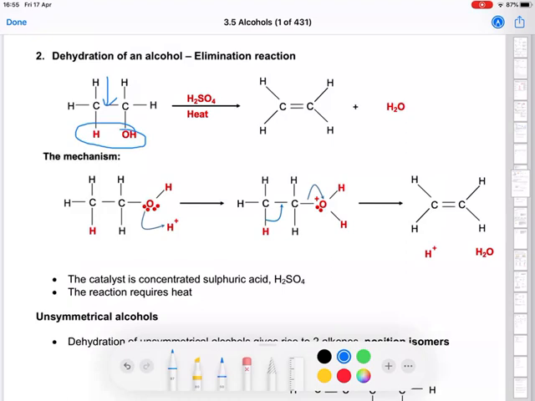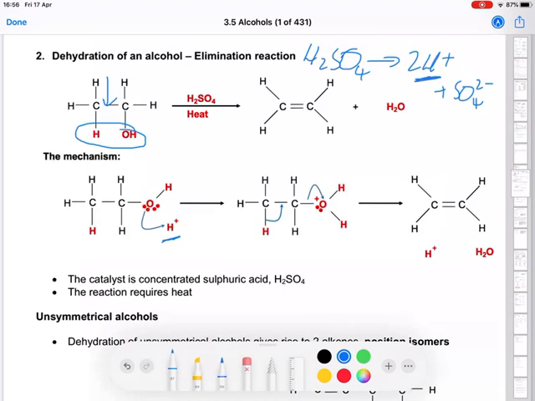In terms of the mechanism, so again, we're using sulfuric acid, so an acid as a catalyst. And just again to remember, sulfuric acid will also dissociate to give you 2H+ and SO4 2-, and these are that bit there. Remember the oxygen is δ-, the hydrogen is positive, so they're going to be attracted to each other.